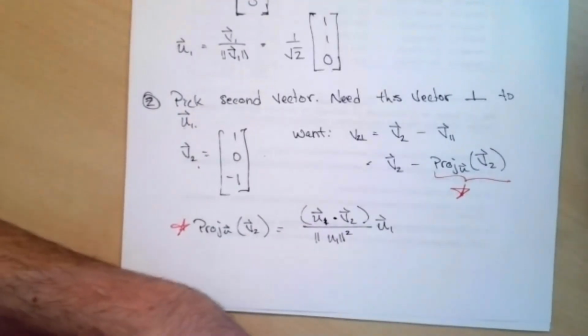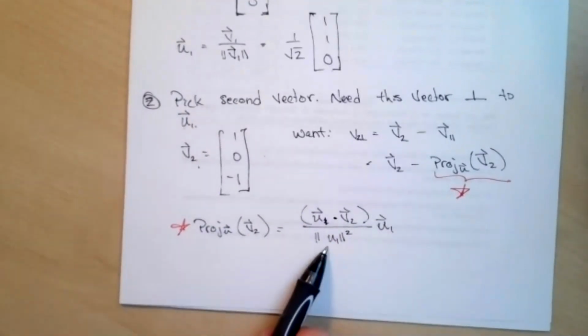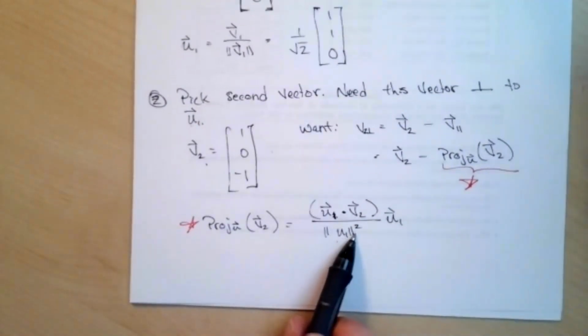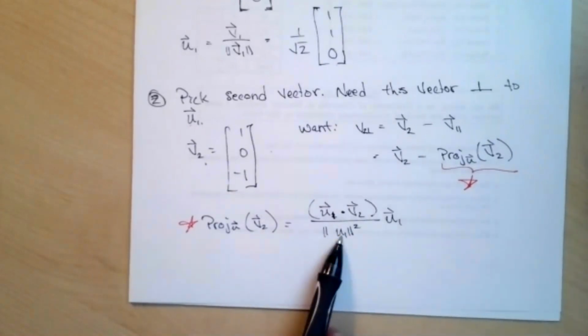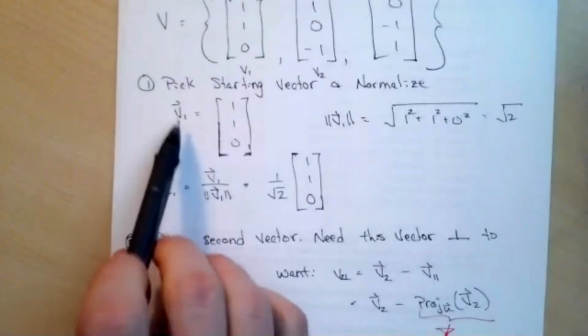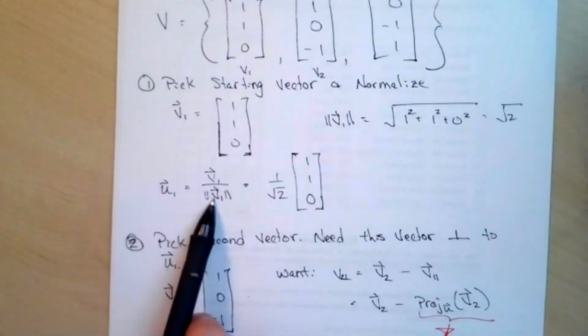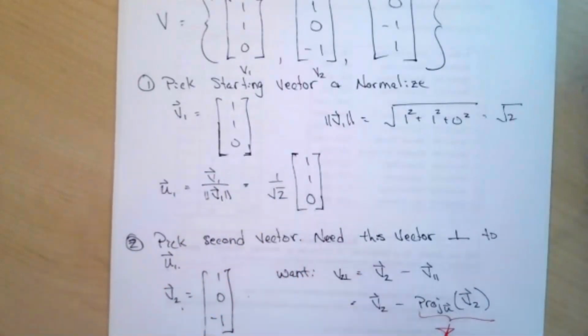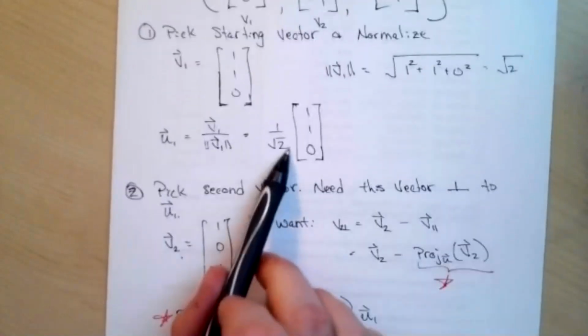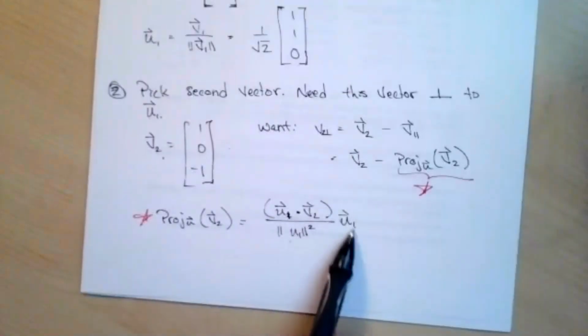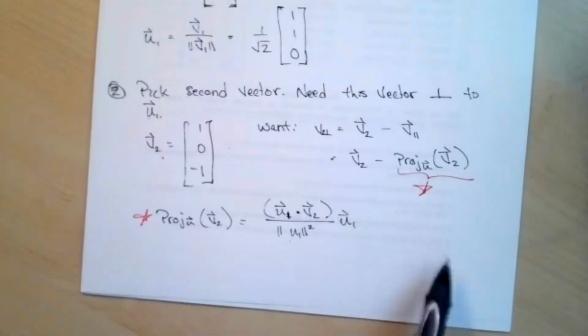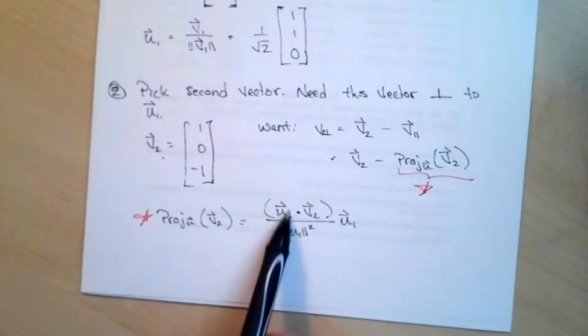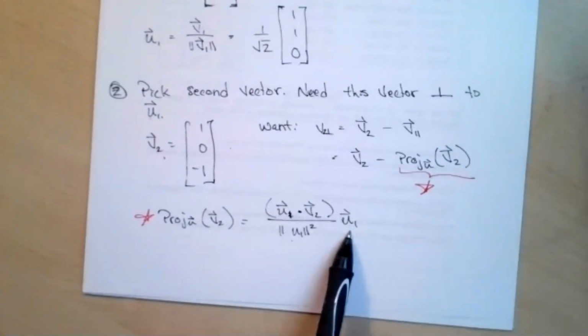And nicely enough, since we normalized U1, that denominator is going to be 1. We already know that the norm of U1 is 1. But of course, how did we normalize U1? We really just borrowed it from V1 and divided by the norm. So we're still going to have that factor of square root of 2 come up within this calculation, and it will appear twice, both in here and in this term as well.